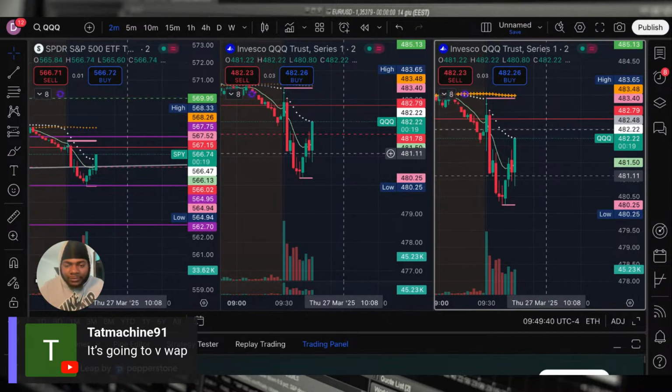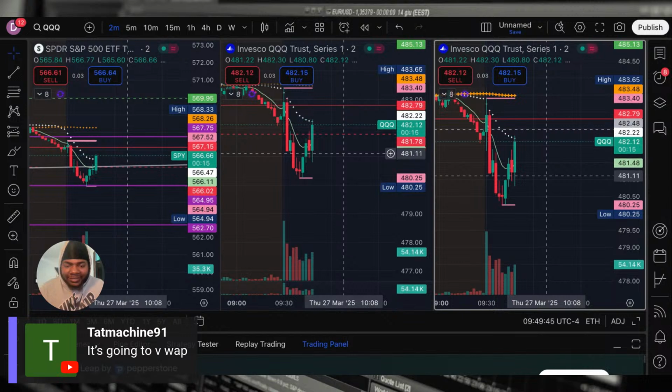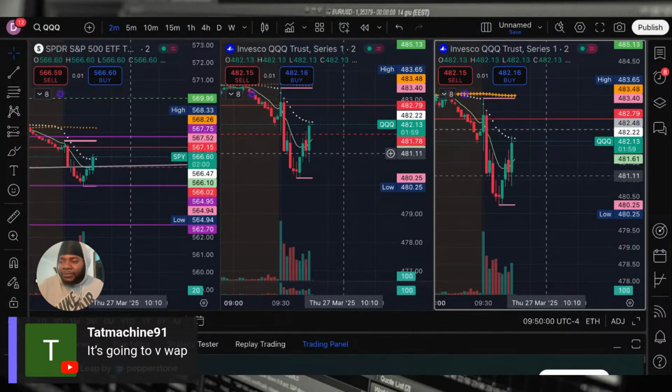Fuck. Yeah, I'm out of that one. This right here, man. I guess we formed the bottom. We formed the bottom. $30 that quick. $70 that quick. All right.